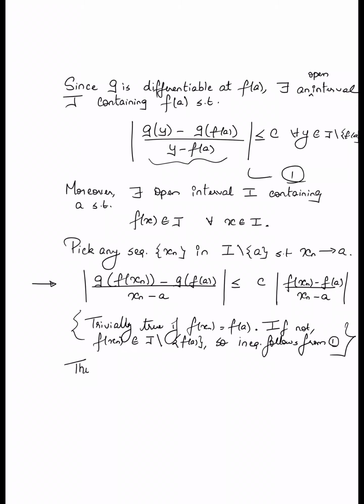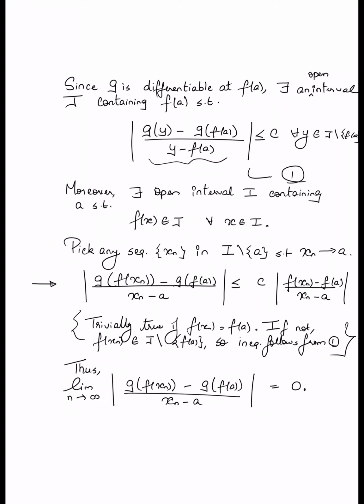Thus, if you look at (g(f(xn)) - g(f(a)))/(xn - a), this must have a limit of 0 as n tends to infinity. Why? Because this is a non-negative object, upper bounded by something else which tends to 0 as n tends to infinity. Right?